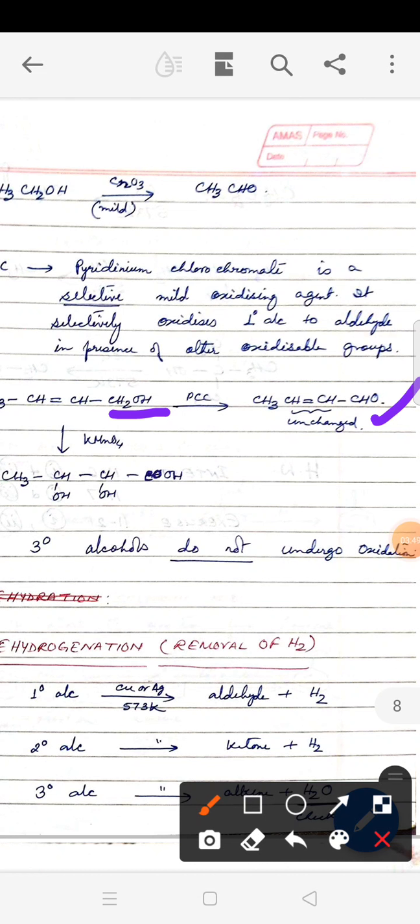Now since PCC is a mild oxidizing agent, the product will not form carboxylic acid, it will form aldehyde only. However, if you take a strong oxidizing agent such as KMnO4, then you can see this alcohol group has formed carboxylic acid and the alkene will form diol. So PCC is very useful when you want to carry out a selective oxidation.